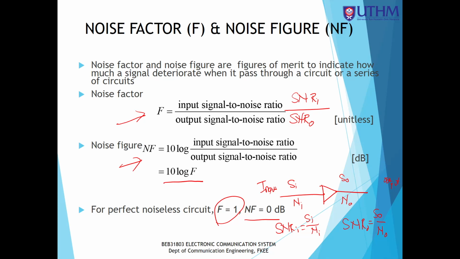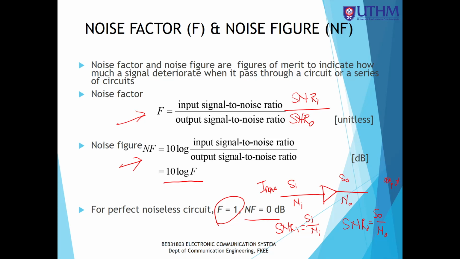Kita inginkan noise factor ini kecil menuju nilai 1. Because if F is equal to 1, it is a perfect system. Input sama dengan output, which is very good.